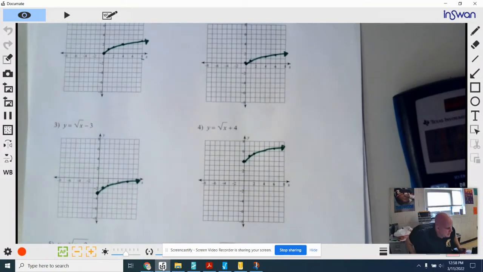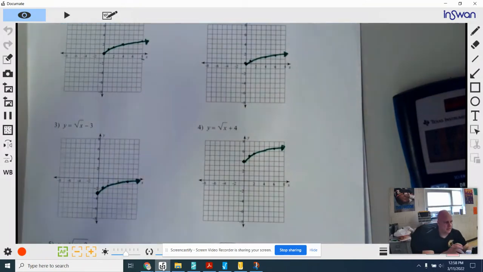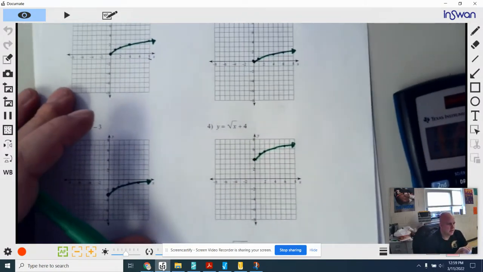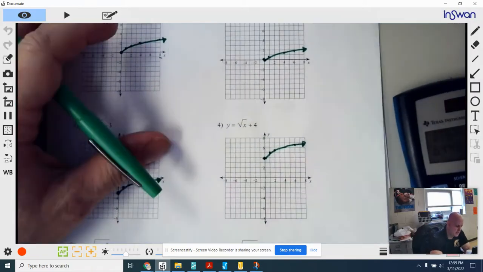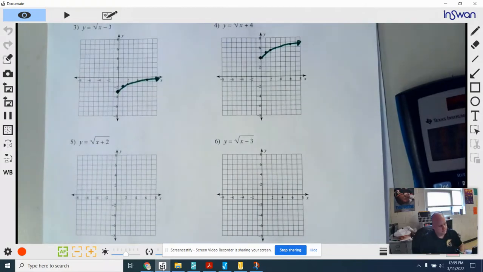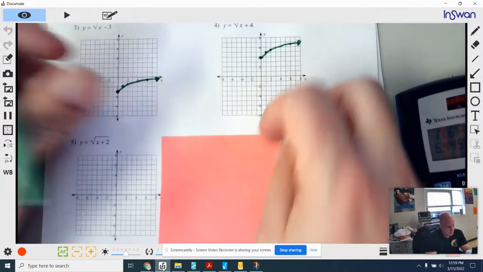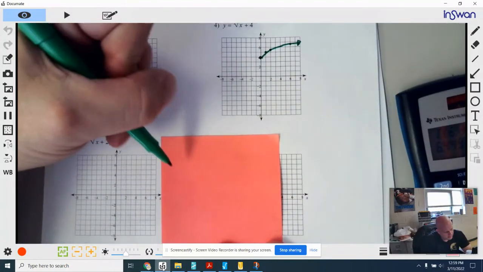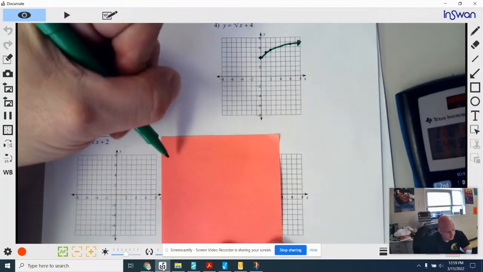I don't know if you've noticed any patterns yet, but there's definitely something going on here. And maybe you'll see with this next couple questions a new pattern arise. All right, square root of x plus 2. And notice this is all underneath the square root symbol.